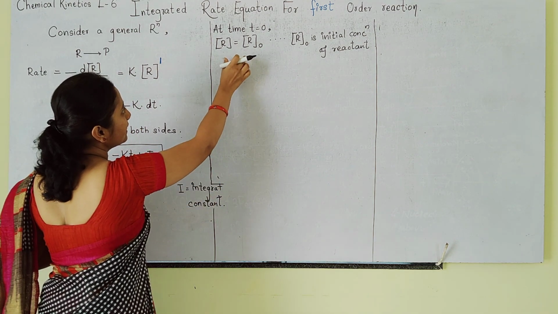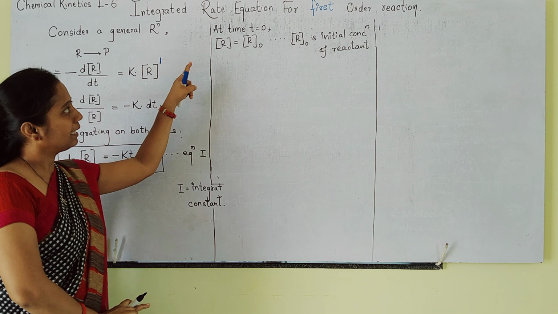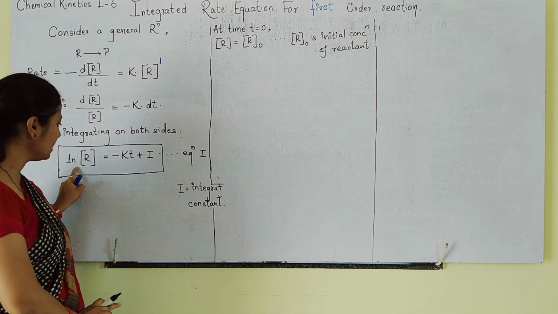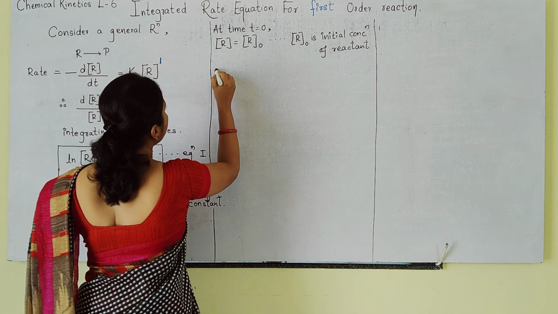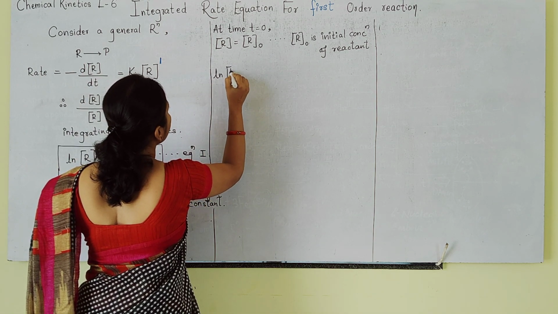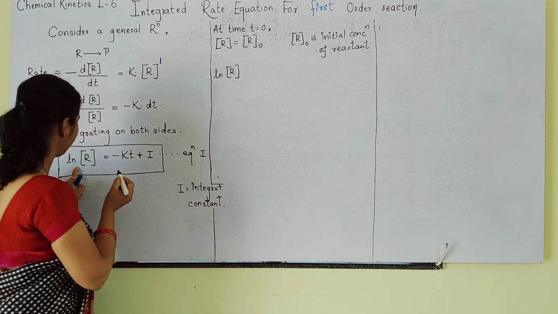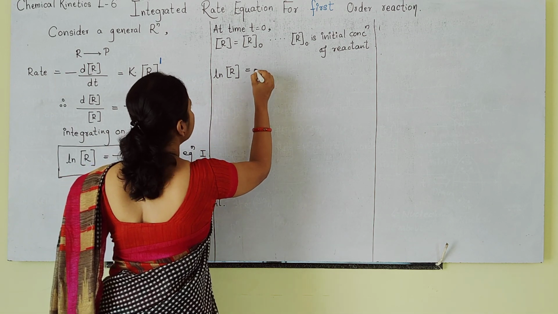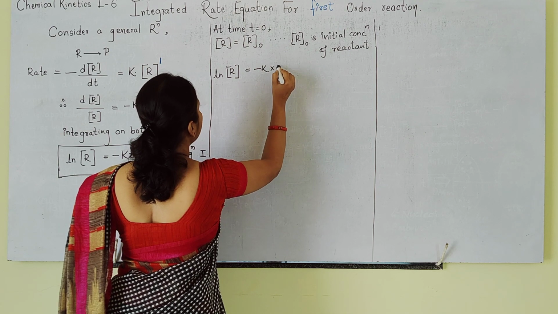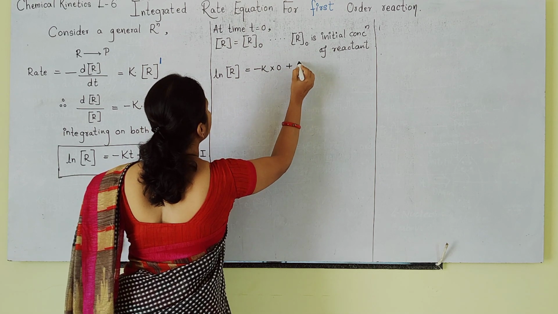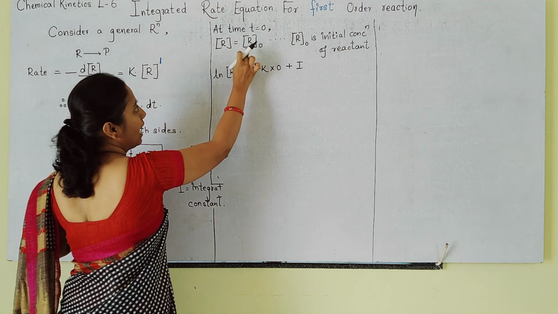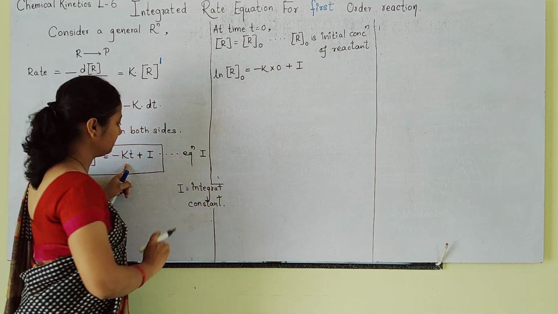Yes, so let us write time 0 for equation 1. Changes, see students: ln R is equal to minus k into 0, that is 0, plus I. Instead of R, I should write R naught.